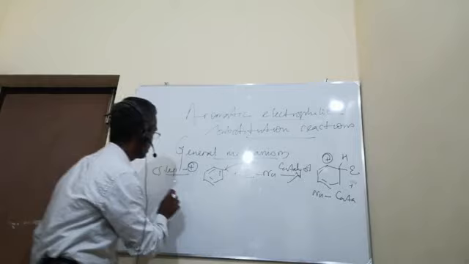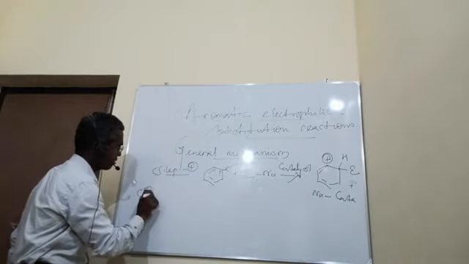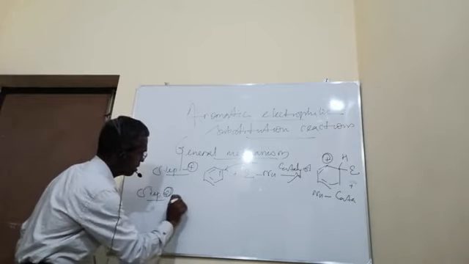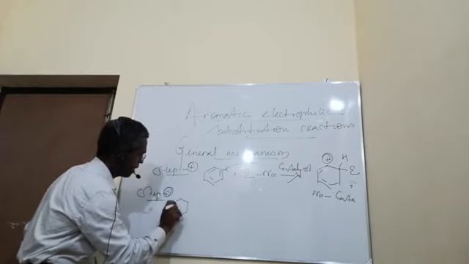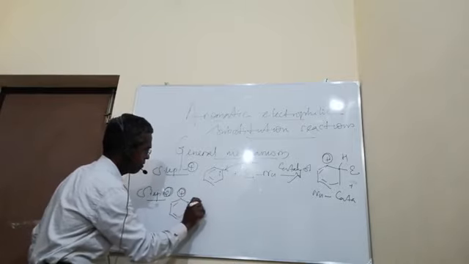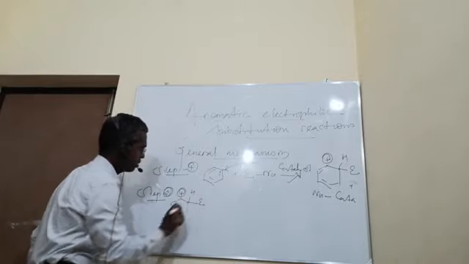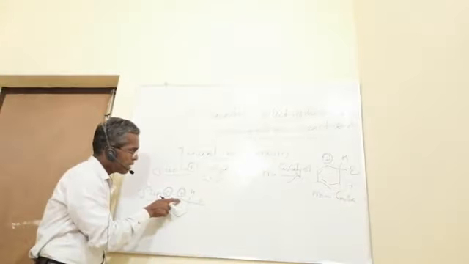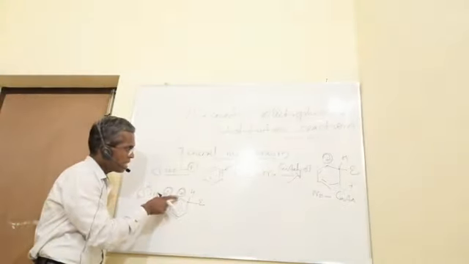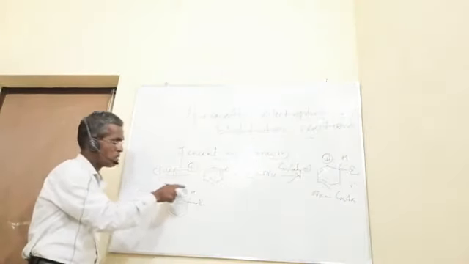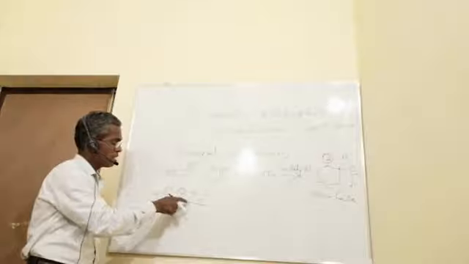Now come here. Step number 2. Once we get the product EH in step number 1, the benzene ring carrying this positive center is called a carbonium ion.